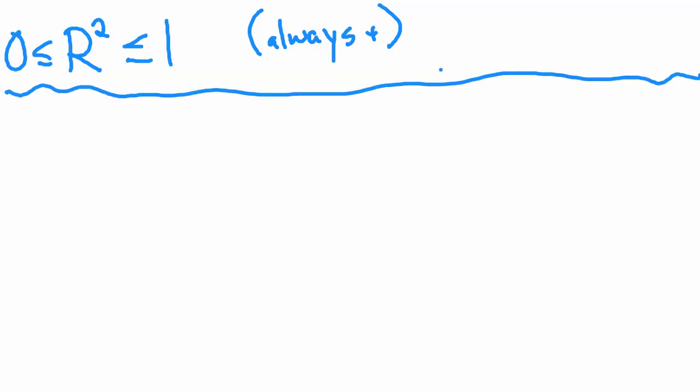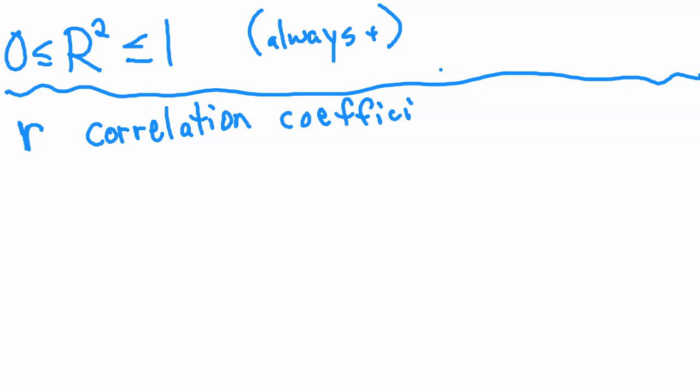Now, they use a capital R. I don't know why they change it actually, but the other thing you're going to find is little r, and little r is called the correlation coefficient. Little r is always between 1 and -1, so little r can be negative.